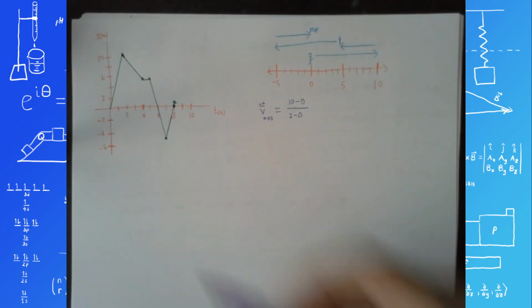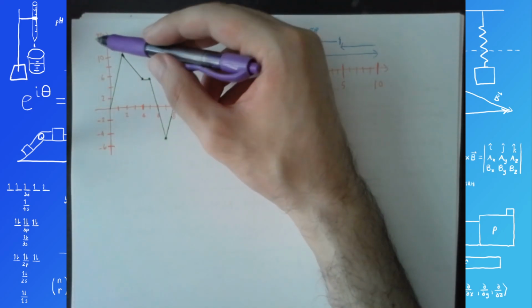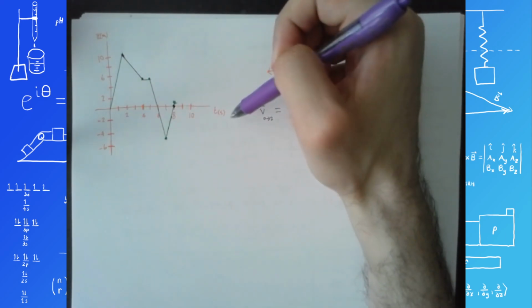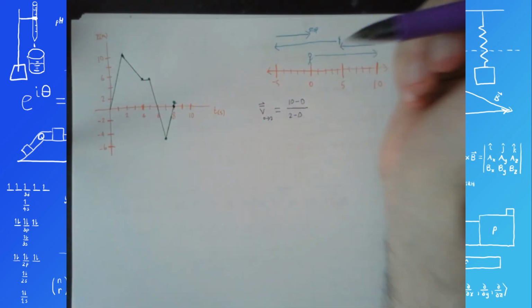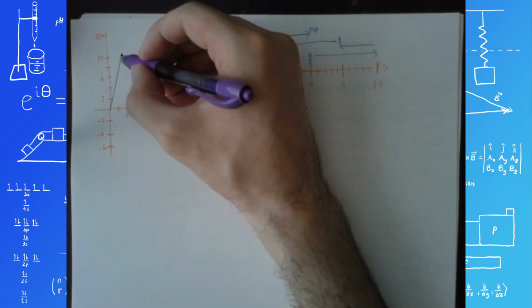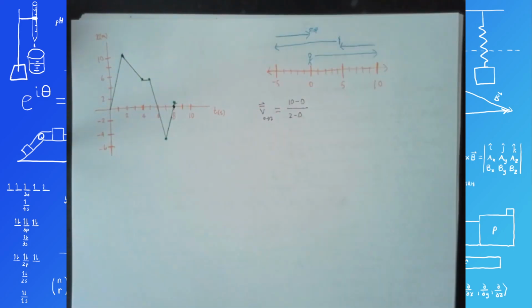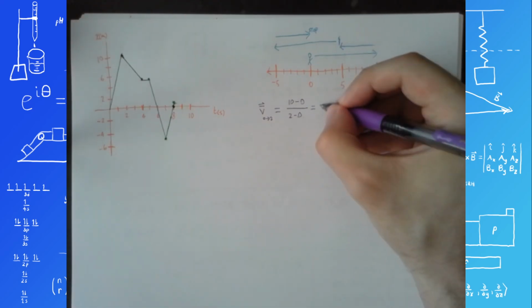Well, what is that? That's basically delta y over delta x, except this is x and this is t, so I guess it's delta x over delta t here. It's the formula for the slope of a line. Specifically, it's the slope of this line. So 10 minus 0 over 2, which is 5.